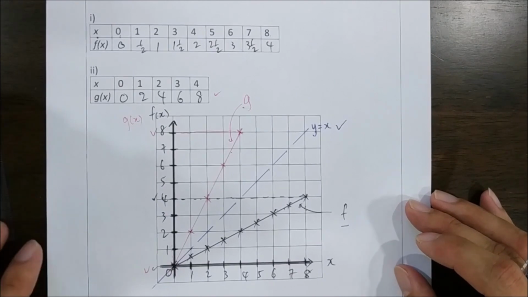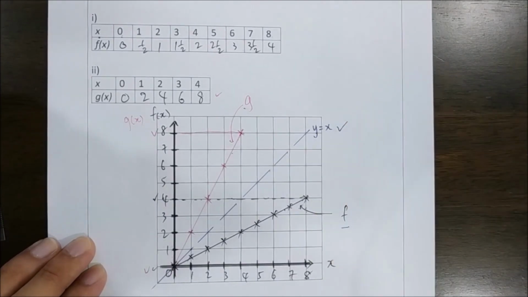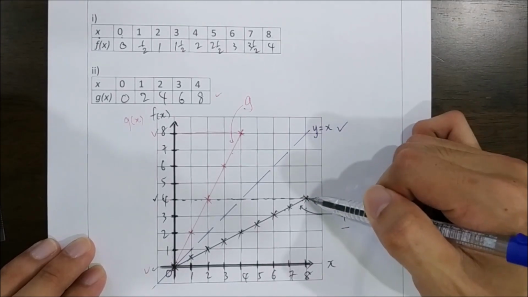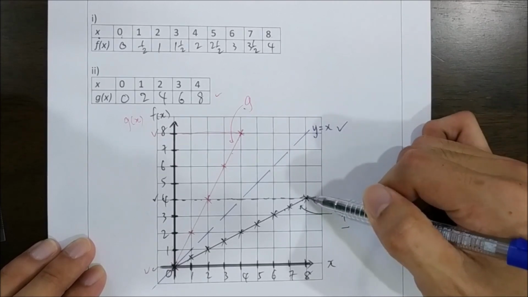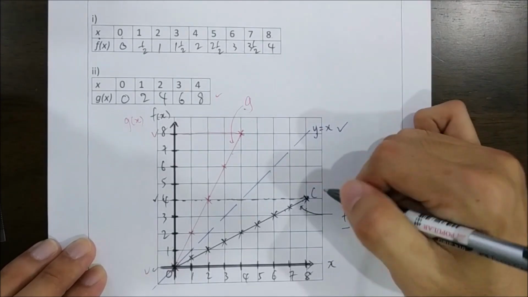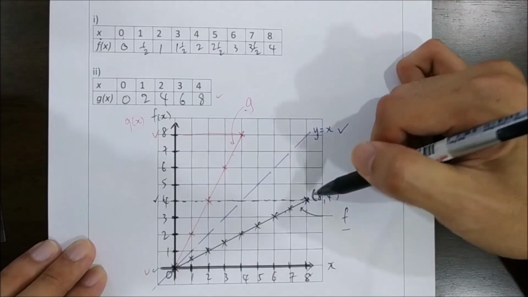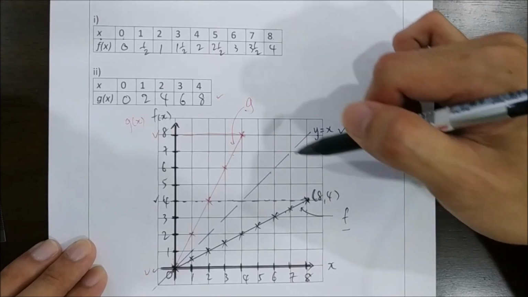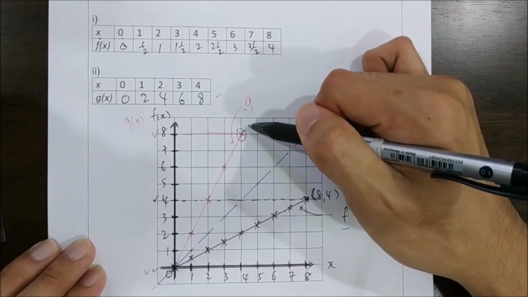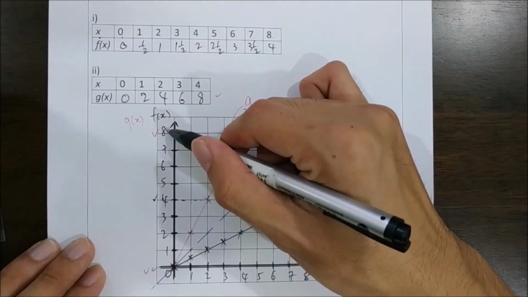Now for the last conjecture, the fourth conjecture, we are using this graph again. Take a look at this point here. The coordinate of this point is (8, 4). And the reflection of this point, which is this point here, has a coordinate of (4, 8).